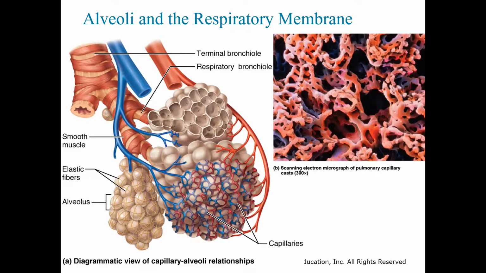Look at the latex cast of the capillaries. The alveoli were where these big holes are, but these are the capillaries that surround the alveoli. So you have a tremendous amount of blood exchange at each alveolus.